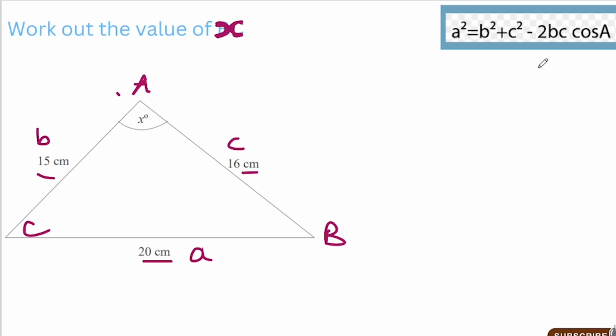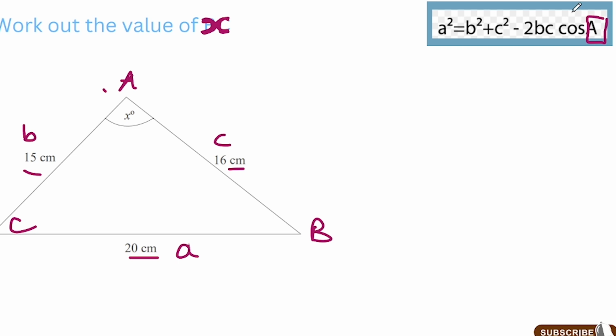The next thing I'm going to do is manipulate this equation. So the way I'm going to manipulate this equation is I need to work out the missing angle A. So I need A on its own. The first thing I'm going to do is get rid of this negative. So I'm going to add 2bc cos A to both sides.